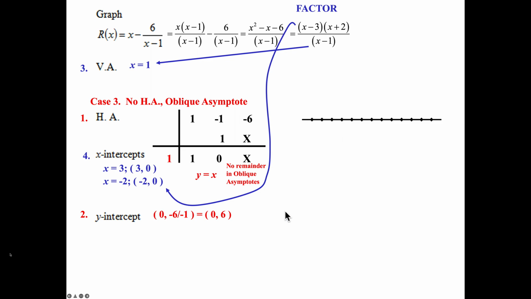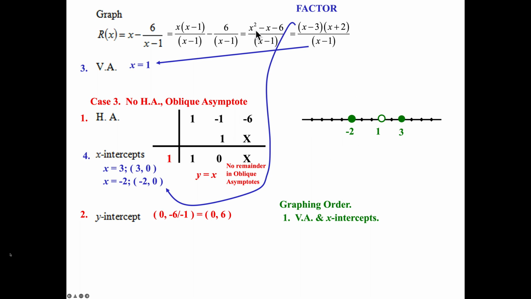So we're ready to graph this. So again, graphing order, x is first. Everything we got here in blue has to be done first. So let's see, numerical order: -2, then the 1, then the 3. So -2, closed circle because it's an x-intercept. 1, vertical asymptote, open circle. 3, x-intercept, closed circle.